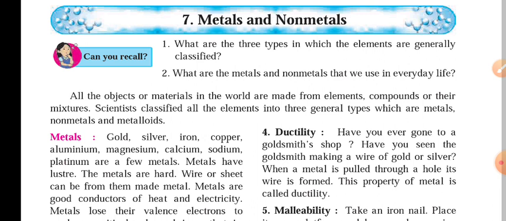Because there is a possibility that a mixture of metals is used. That's why I am using the words metal or metals here. Now, in this topic, we are going to talk about metals and non-metals, their physical properties, and some of their chemical properties also.